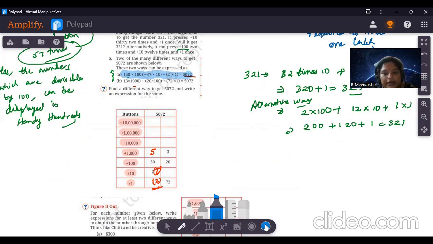What is the other way of writing? 3 into 1000 plus 20 into 100 plus 72 into 1. So this is another way of writing. Now what is the question they have given? Find a different way to get 5072 and write an expression for the same.